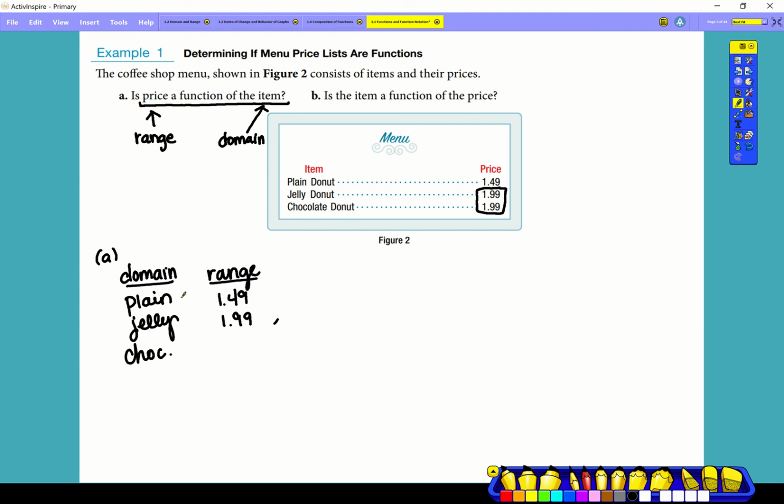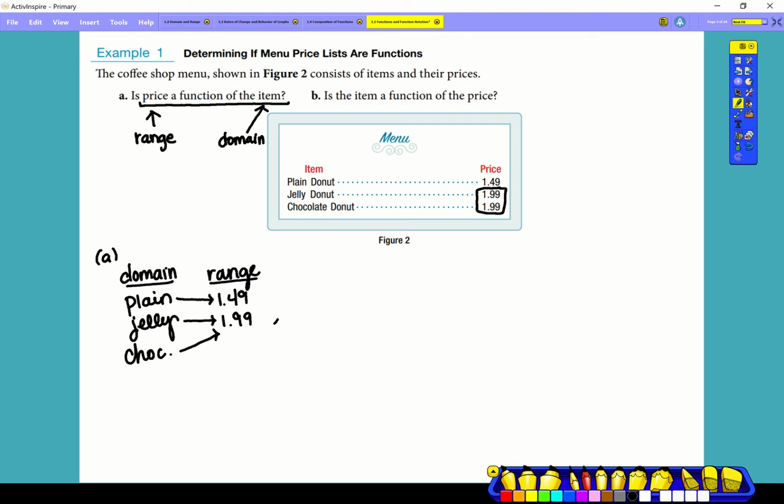Now, our plain donut is $1.49. Our jelly donut is $1.99. And our chocolate donut is $1.99. Now, does each input value have only one output value? Yes, it does.